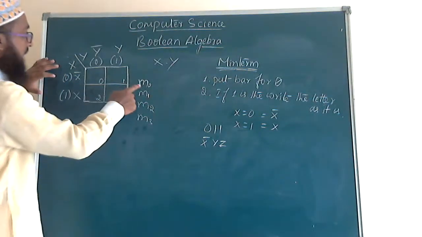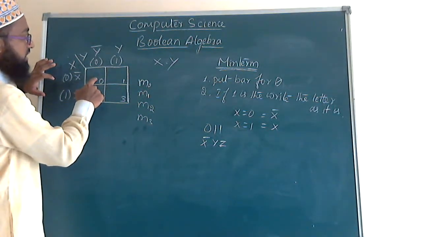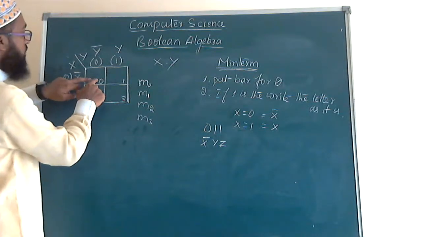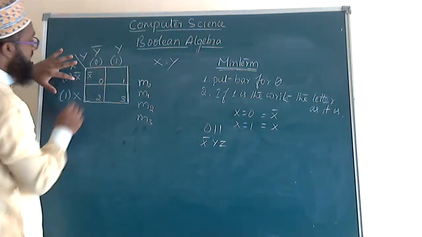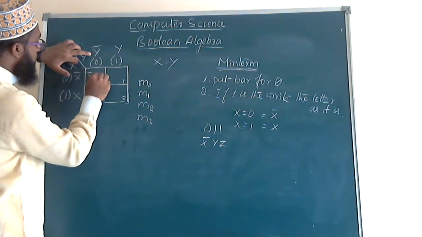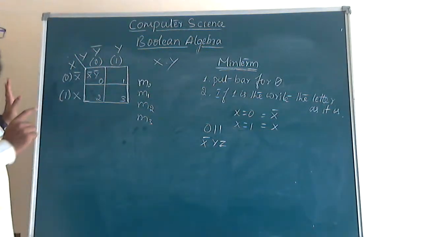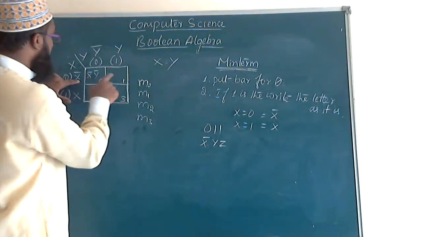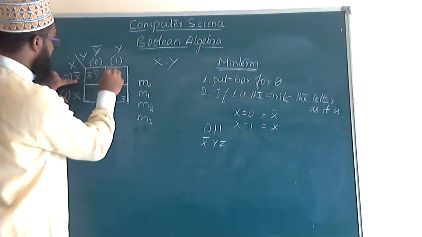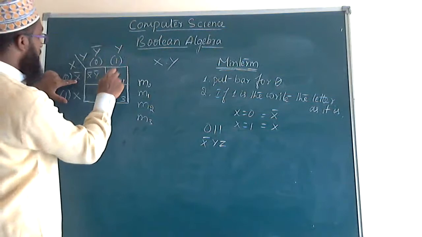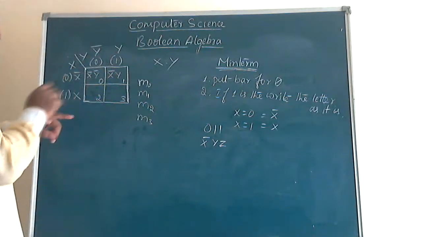See here, this is m0, the name of the first square. We have to take values. What is here? X bar is there. Then write down its value, y bar. First write x bar, then write y bar. After that, for the m1 square, write down x bar first, then y next.